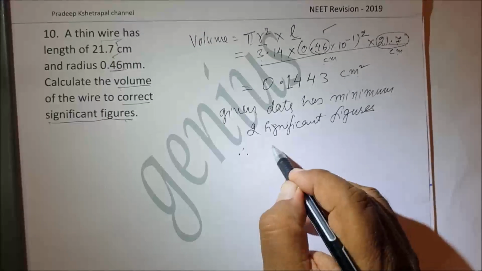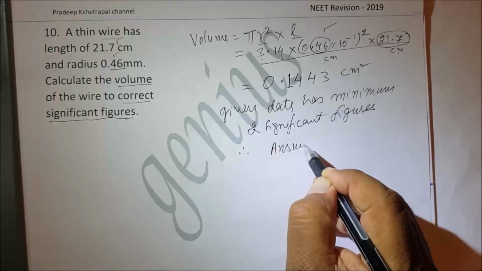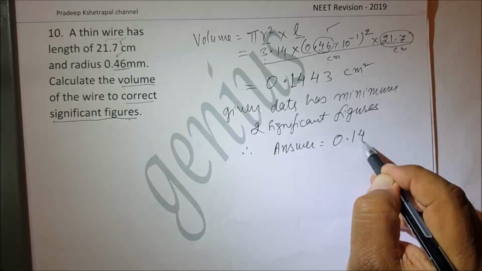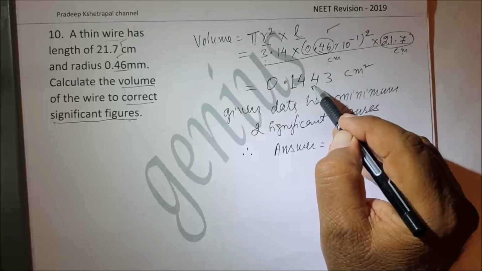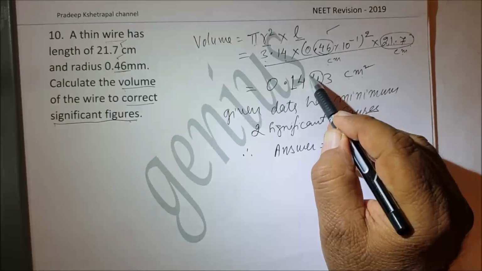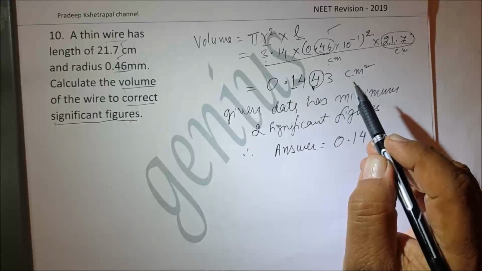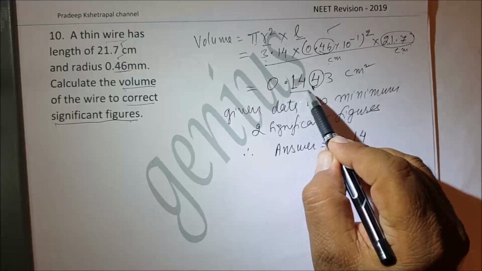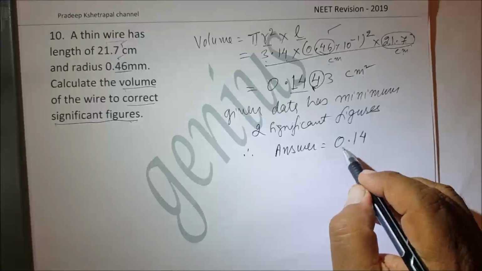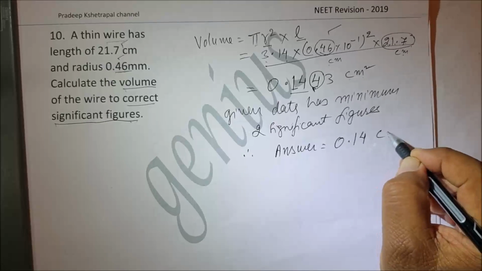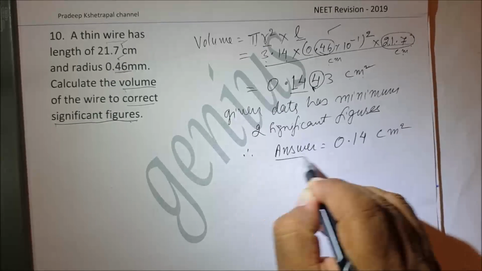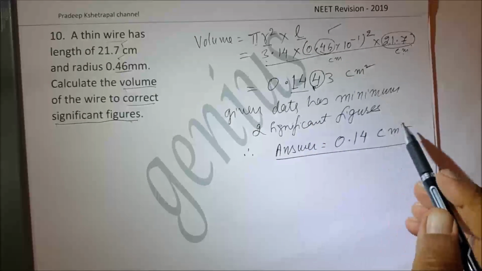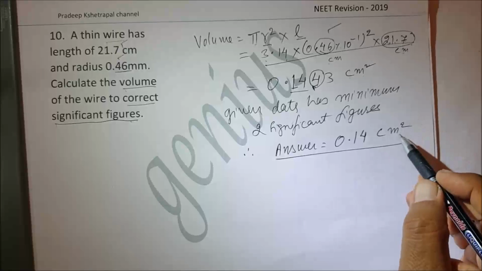Therefore, answer is equal to 0.14, and we drop this 4. Because we are going to drop this 4, which is less than 5, then we don't have to compensate. So it will remain 14 only. So this is how we are going to write the answer with 2 significant figures. So this is our right answer.